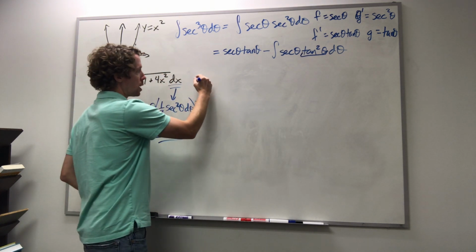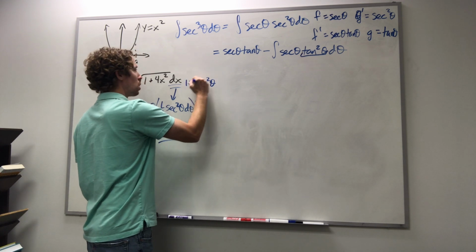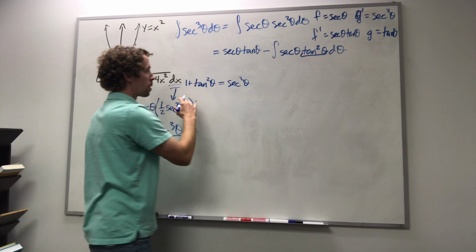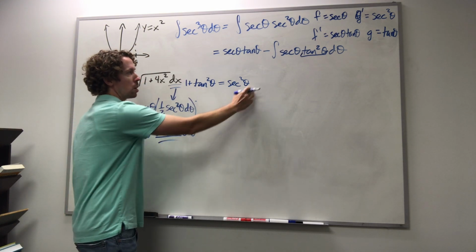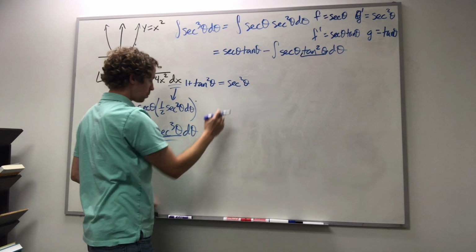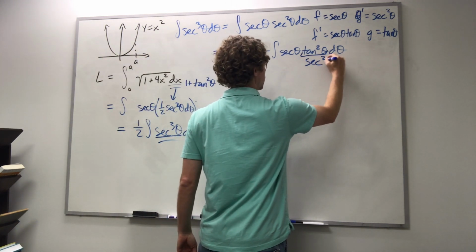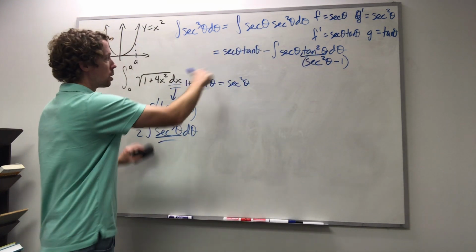So if you solve for tangent squared in that equation, I get secant squared minus 1 by bringing that over here. So plug that in for tangent squared and distribute.